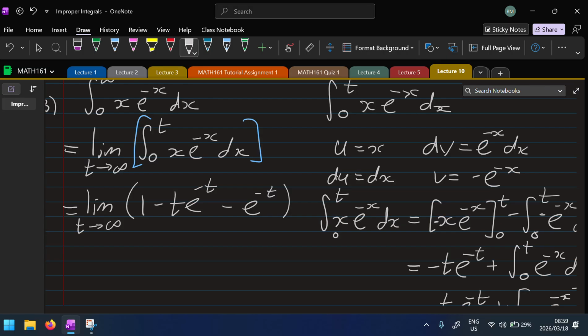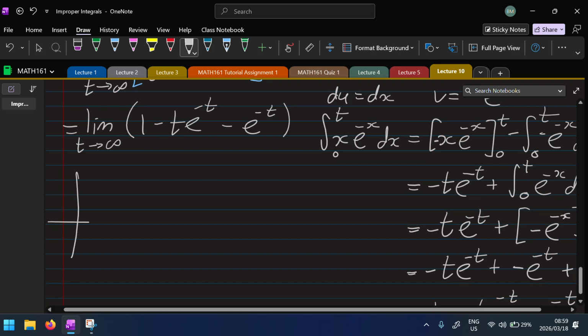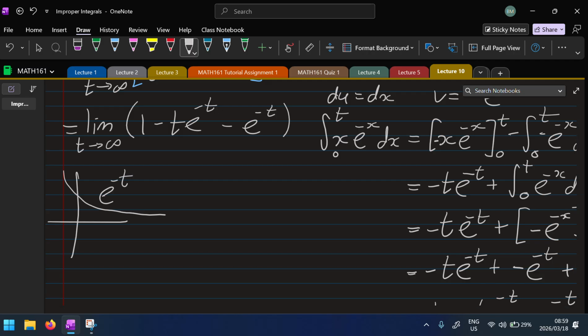When t goes to infinity, e to the minus t will go to 0. Please remember your pictures. It goes down to 0. So what do we have? We have t, which will go to infinity, and e to the minus t, that will go to 0. So this over here becomes infinity times 0.